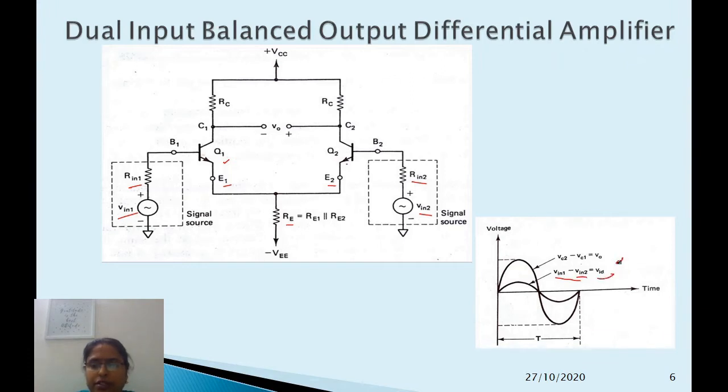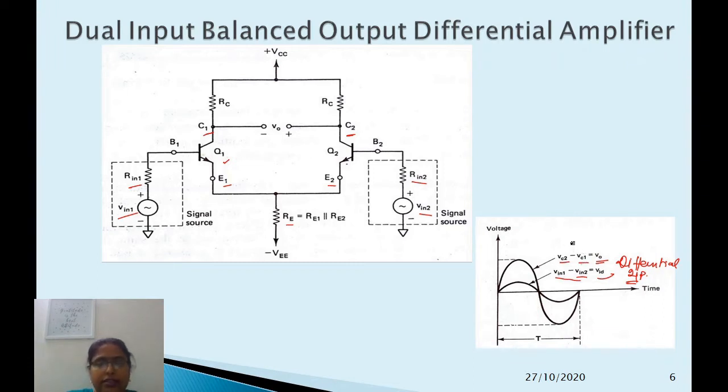What is VID? It is the differential input, meaning the difference of the two inputs, Vin1 and Vin2. And the output is V0, which is taken from the two collectors C1 and C2, because it is a balanced output differential amplifier. So V0 is equal to VC2 minus VC1.